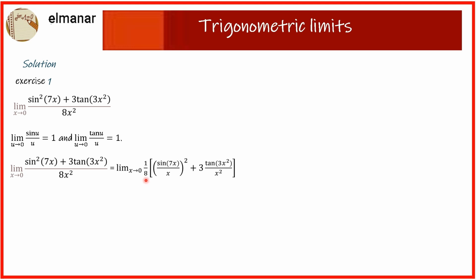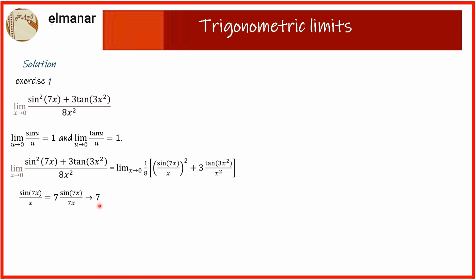Study of the first term. Let us first consider the ratio sine of 7x over x. As x approaches 0, this ratio is equivalent to 7. Indeed, sine of 7x over 7x tends to 1, which means sine of 7x over x is equivalent to 7.